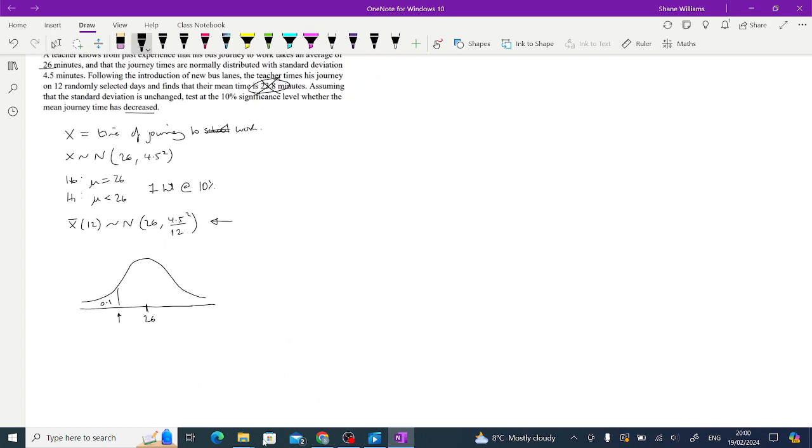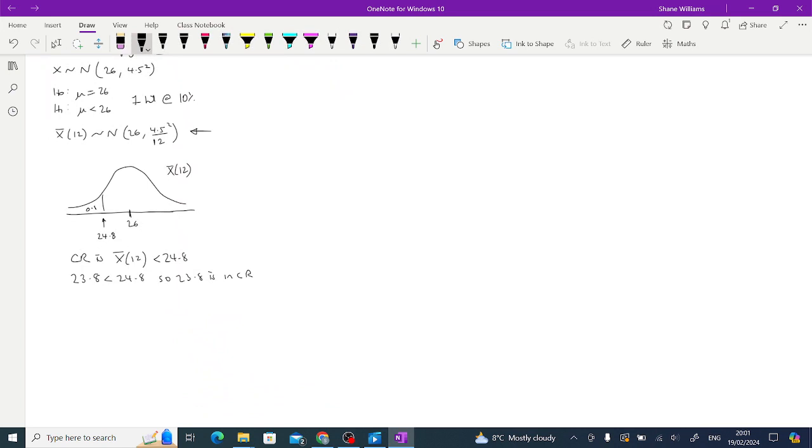Parameters are these, because we're interested in x bar 12, the average from 12, not just one journey to work. And we find that this is 24.8. So the critical region is x bar 12 is less than 24.8. 23.8 is less than 24.8, so 23.8 is in the critical region. So now we conclude to other mathematicians, which is to say, reject H0.